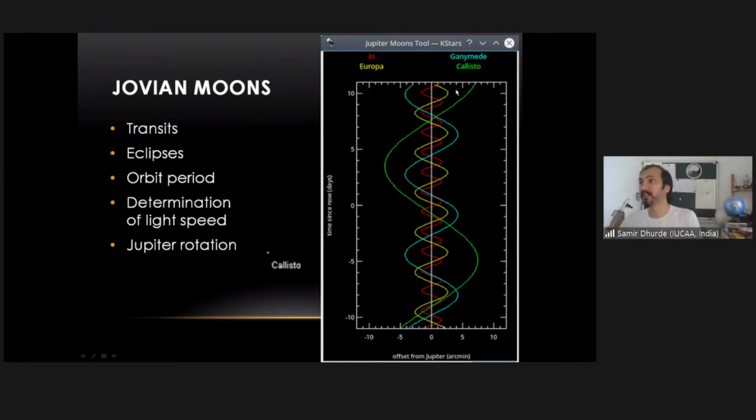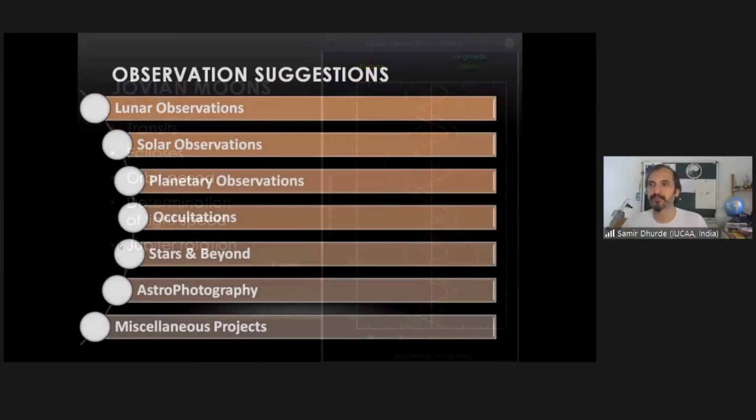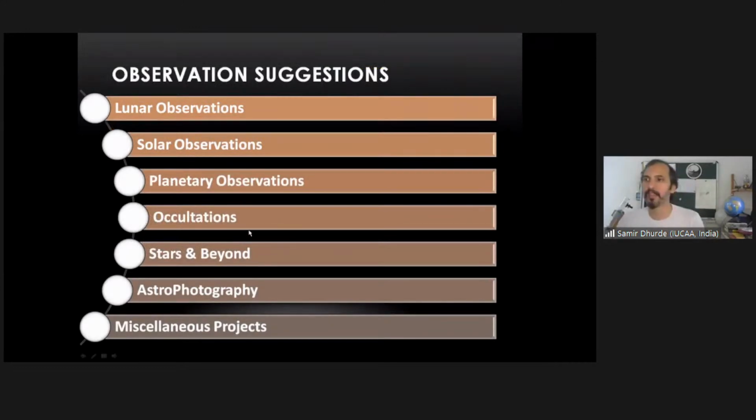This is a graph. You can see if you have good observations and times, etc. Then this graph can tell you about the orbital periods and changes, etc. of Jupiter's moons. So it's not just looking at it, but you can have a lot of other studies from your small telescope as well.